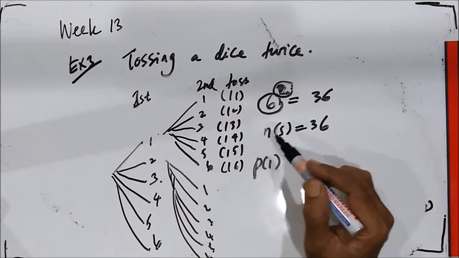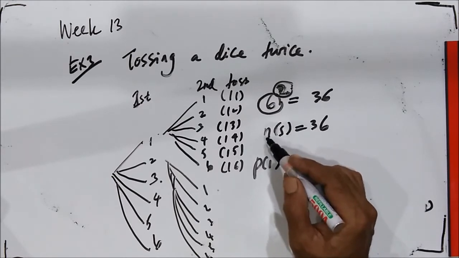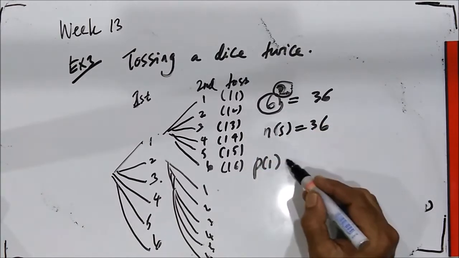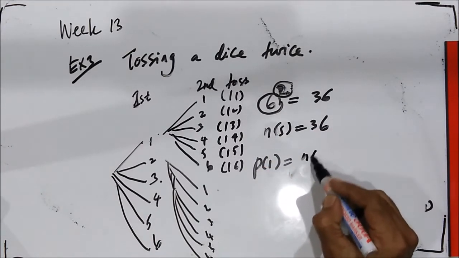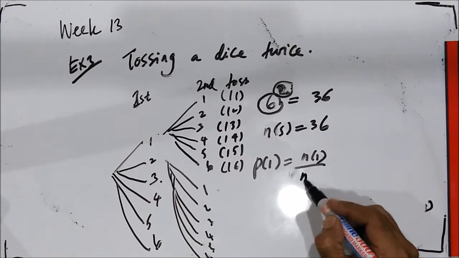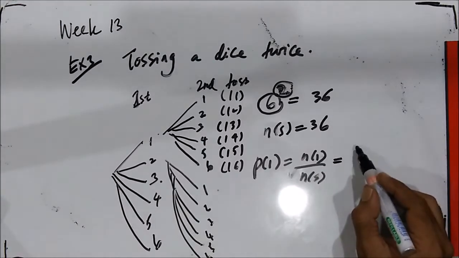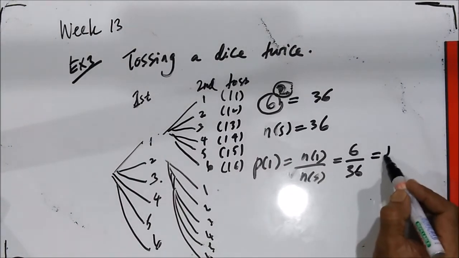So there are 1, 2, 3, 4, 5, 6. So 6 over 36, N1 divided by NS, which is equal to 1 over 6.